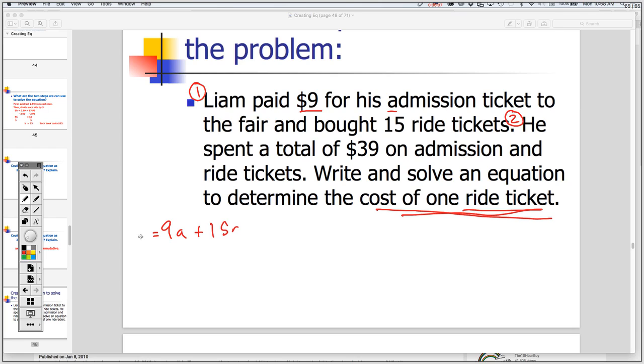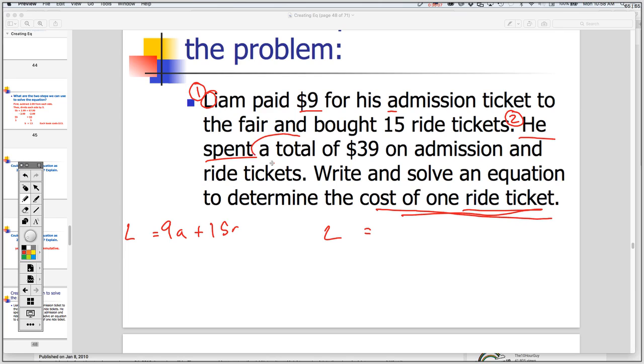Now on the second sentence, he spent a total. Who's he? Liam. So Liam spent a total of $39 on admission and ride tickets. So we're doing a comparison. So that total is going to be equal. This is adding the admission and ride tickets together, right?